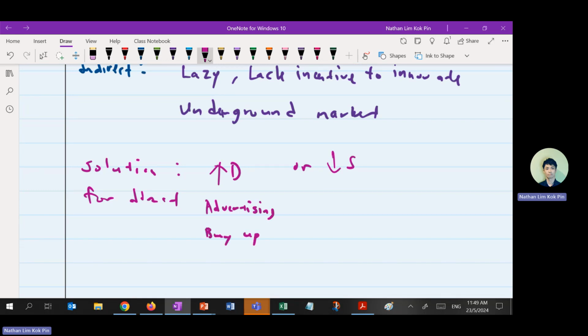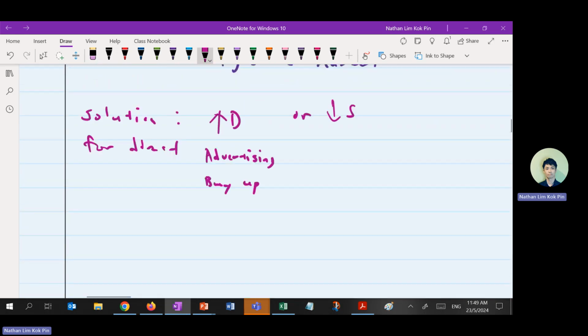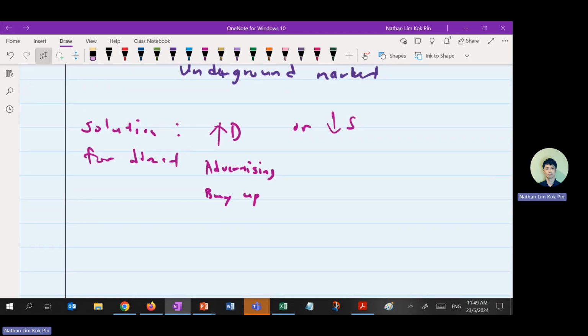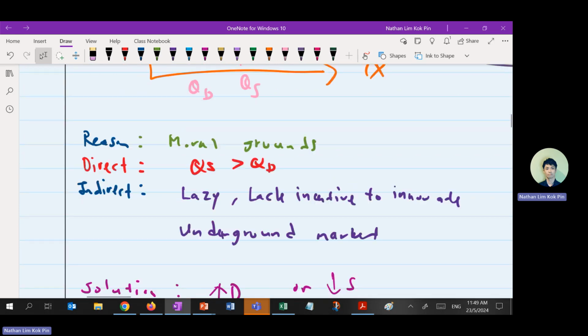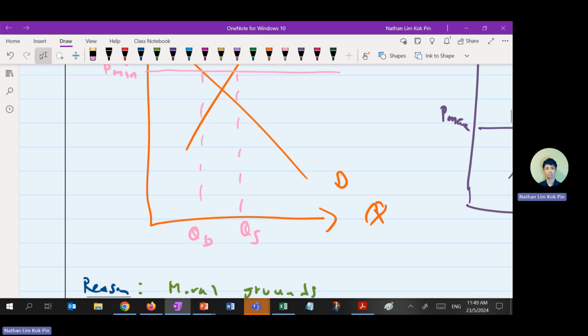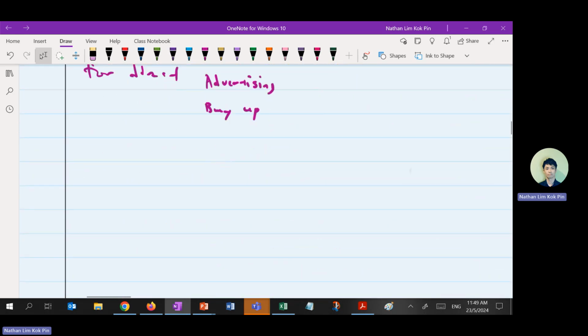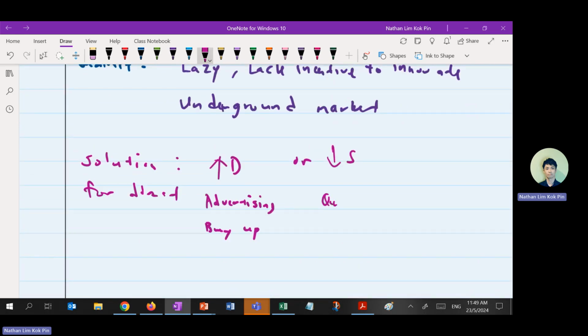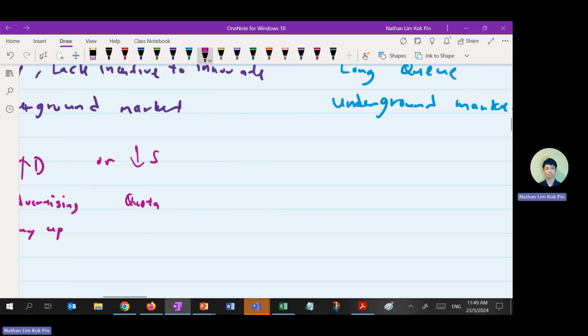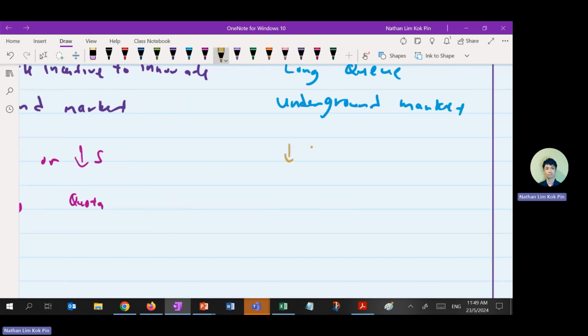And we have to decrease supply. How do we decrease the supply? We use the quota system. If you want to decrease demand or increase supply, it depends on whether you want to talk about demand or supply.